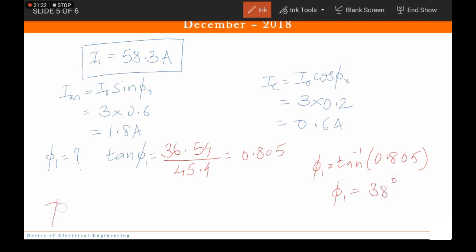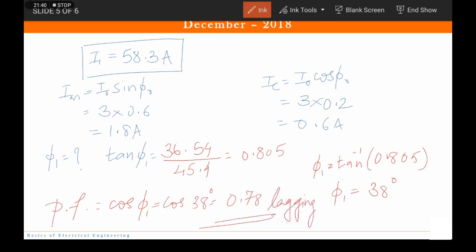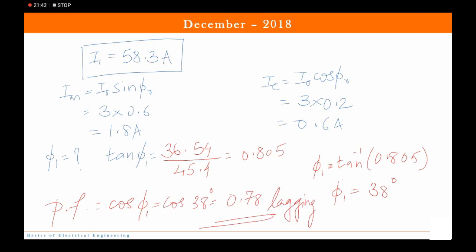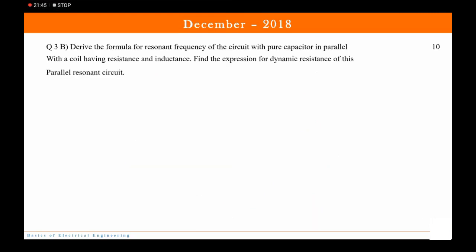Now what will be the resultant power factor? The power factor will be cos phi 1, that is cos 38 degrees, which is 0.78, and of course it is lagging. So this is my answer. I hope you understood this.